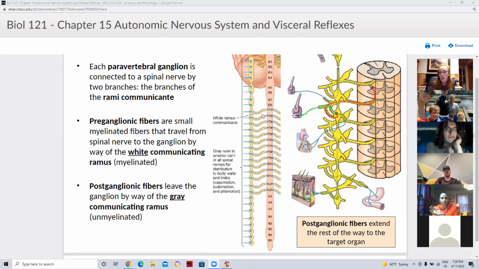So the white communicating ramus is going to bring the preganglionic fiber, or it's going to be the mode by which it enters the sympathetic chain ganglion. The postganglionic fibers are going to leave via the unmyelinated gray communicating ramus, because remember that the postganglionic fibers are unmyelinated.